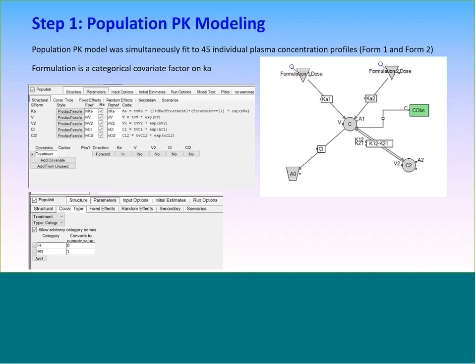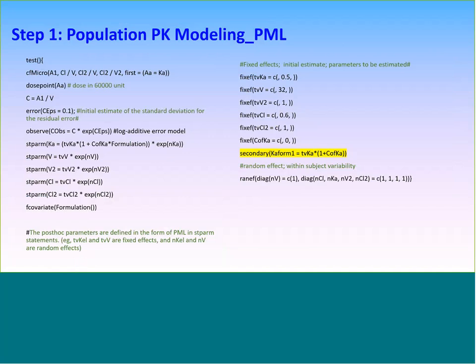Because this is for the purpose of the PML, I will use the PML code for this example. As we are now familiar with the code, the code describes the two-compartmental model, with inputs via the AA column right here.